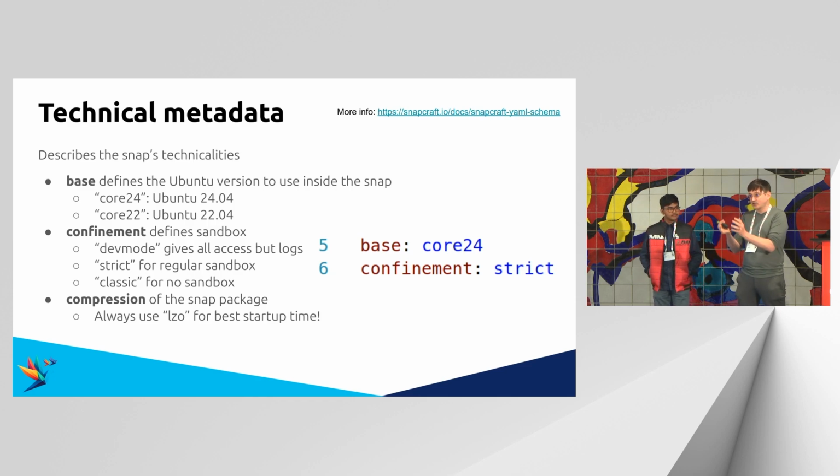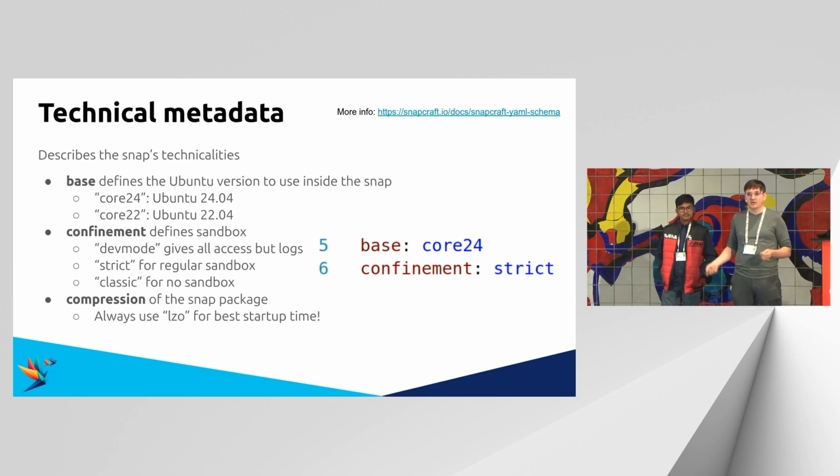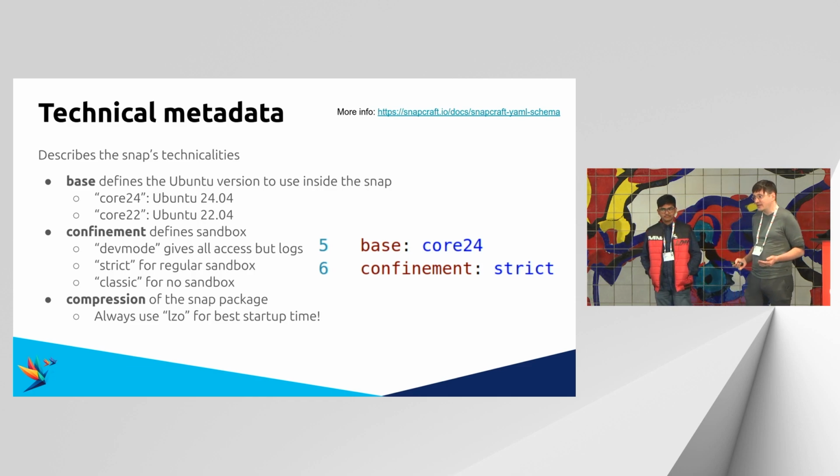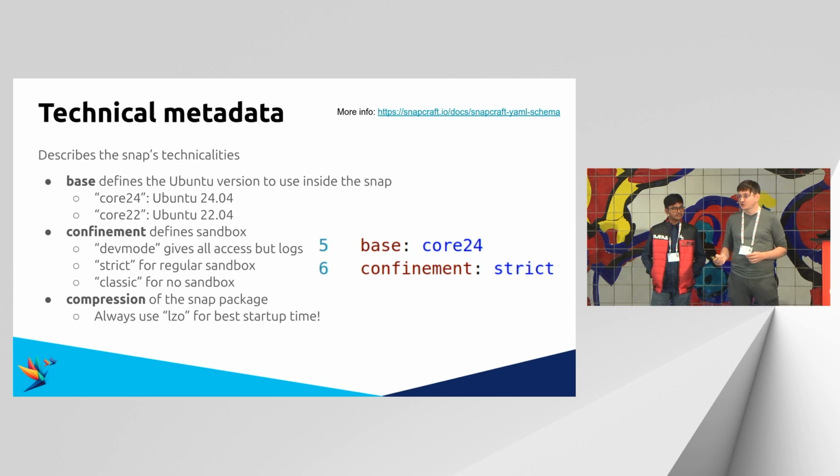But then this container can run on any version of Ubuntu and any other version of Linux. So even when a new version of Ubuntu comes out, you're not forced to immediately give a new version of your application that works on the newer Ubuntu. You can just keep using an older version of Ubuntu inside of the snap, and users of the newer version of Ubuntu can still install the older snap.